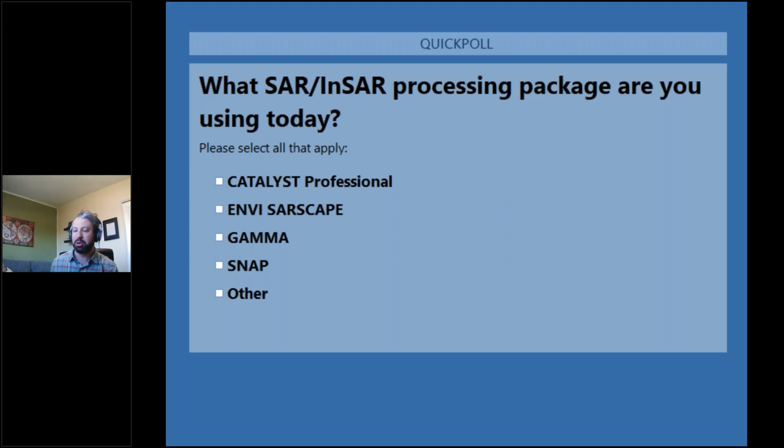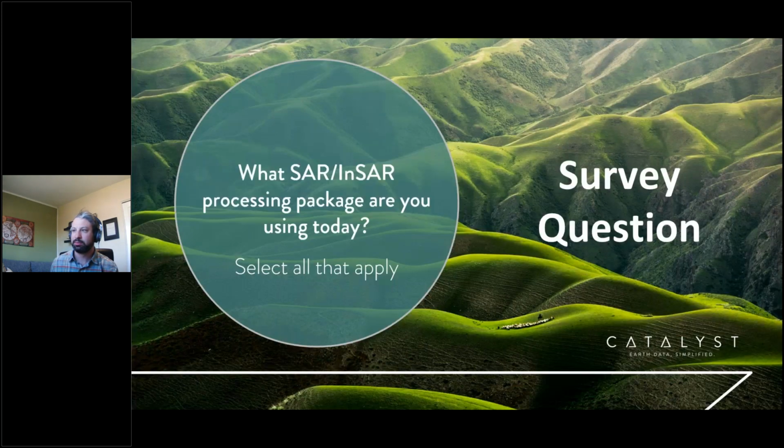Okay, wonderful. I'm going to close the polls in 3, 2, 1. All right, thank you so much for your response. In the end, SNAP had a slight lead, followed by Catalyst Professional, then Gamma, and then other and ENVI SARscape. Thank you very much for participating.